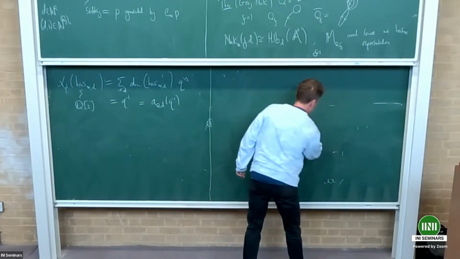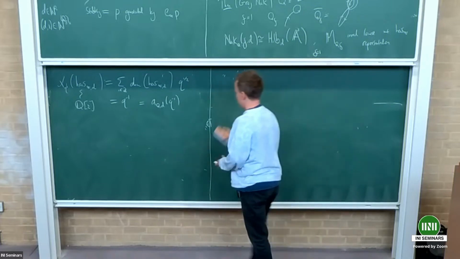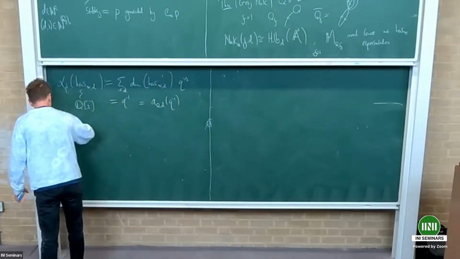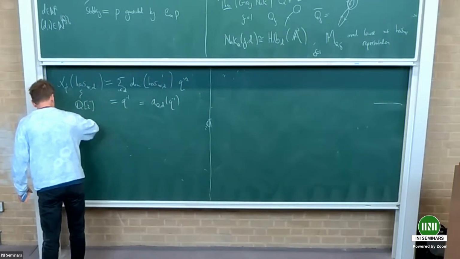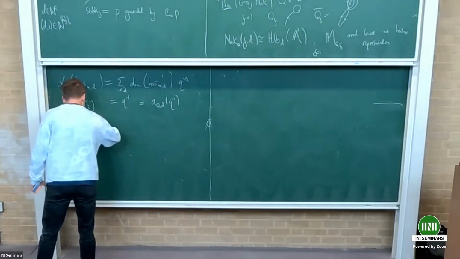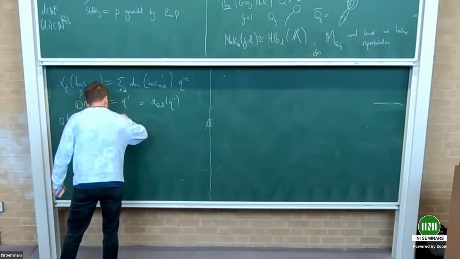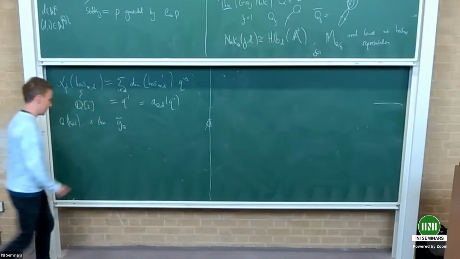So maybe let me refine Katz's question. And this is in fact still due to Katz. Is there some bigger generalized Katz-Moody Lie algebra?